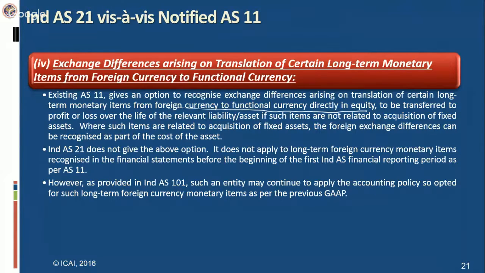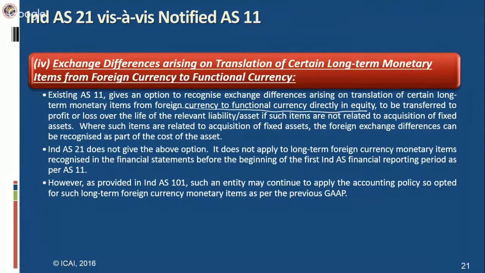As per para 46 of AS 11, all the exchange differences arising on reporting of long-term foreign currency monetary items related to acquisition of a depreciable capital asset can be either added to or deducted from the cost of the asset and depreciated over the balance life of the asset. Or it can be accumulated in the foreign currency monetary item translation difference account and amortized over the balance period of such long-term asset or liability by giving a suitable debit or credit accordingly.